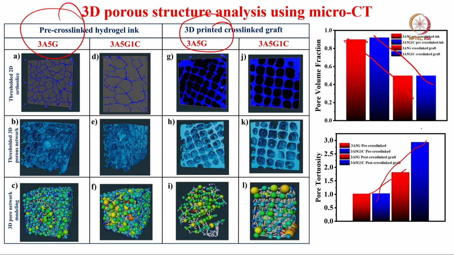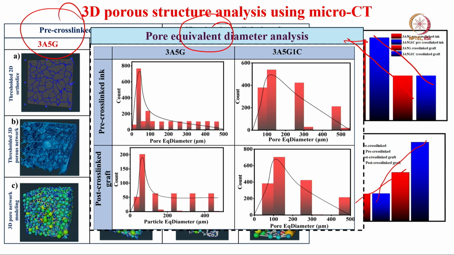Pore tortuosity, the tortuous path of the pores, is very important. More pore tortuosity means that cells, molecules, growth factors and nutrients can be transported very deep into the hydrogel scaffold. So, that is the major point.